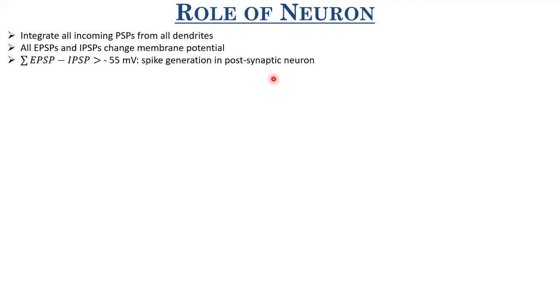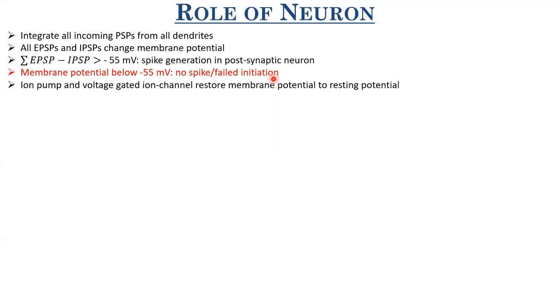If the membrane potential due to accumulation of all the stimuli is less than minus 55 millivolts, there is no spike, and this is called failed initiation, which I already told. In case the membrane potential remains below minus 55 millivolts, that is, if your IPSP is dominating over EPSP, then there is no spike, and it is called a failed initiation condition.